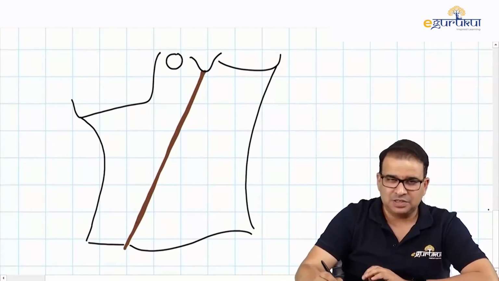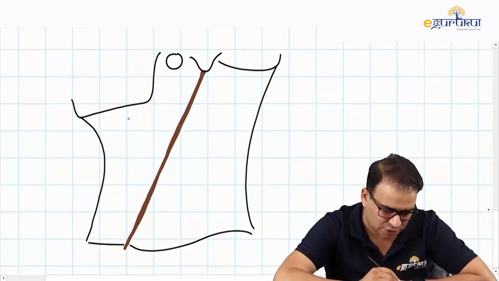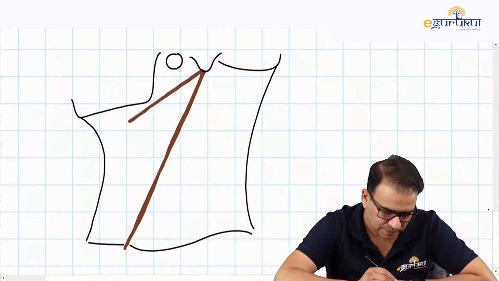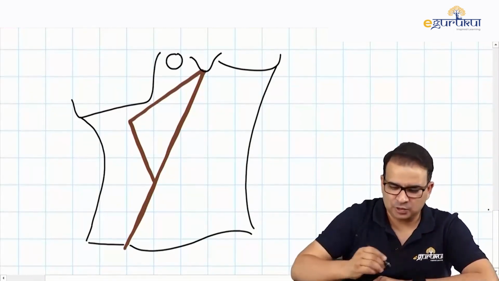Then the muscles having an attachment to the hyoid bone. We have the posterior belly of digastric, which is present somewhere like this, and we have the superior belly of omohyoid like this. Posterior belly of digastric and superior belly of omohyoid.